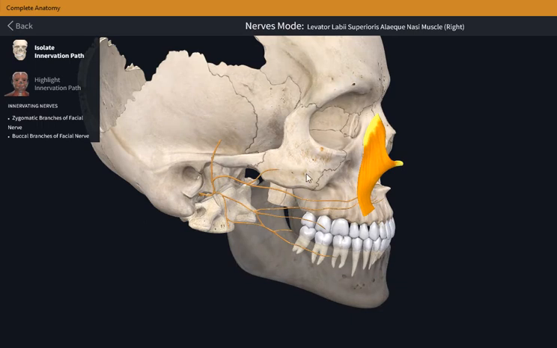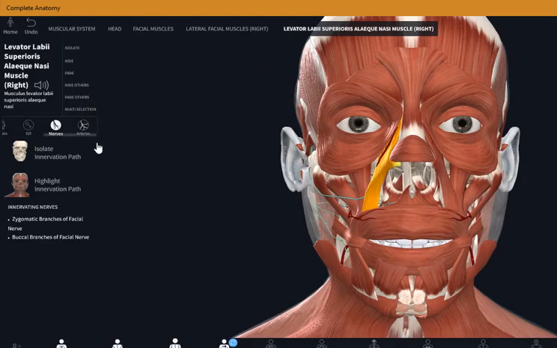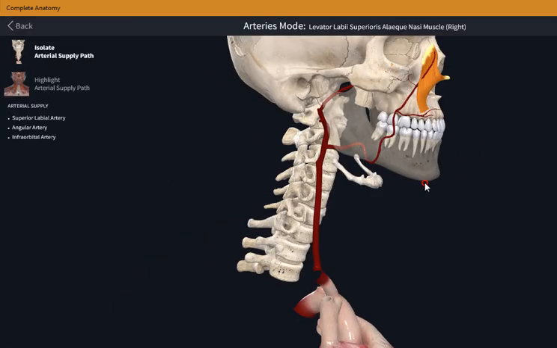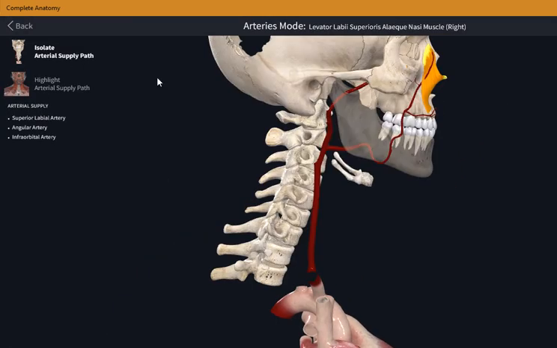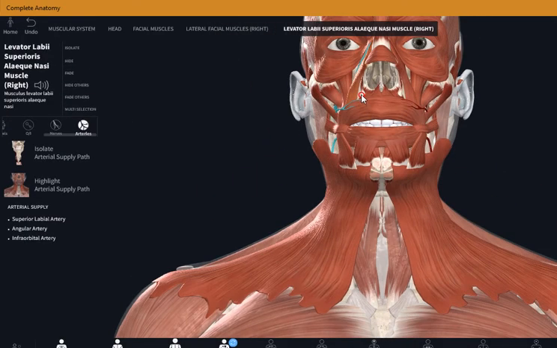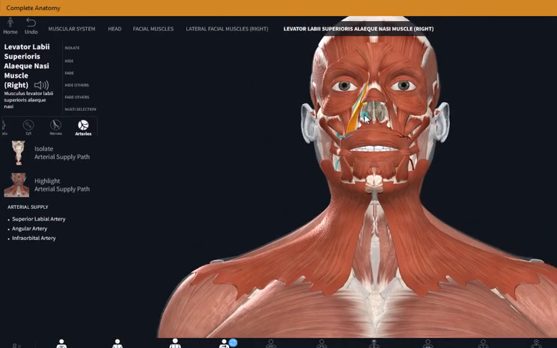This is the nervous supply to the levator labii superioris alaeque nasi. Now the arterial supply: it always comes from the facial artery.